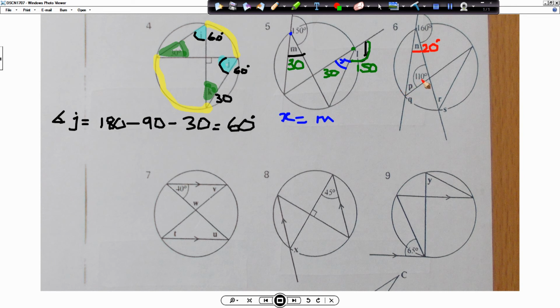Okay. So 110 add 20 add P is equal to 180. So P would be equal to 180 minus 130, isn't it? Yeah. So P is equal to 50. So that's how we work it out.